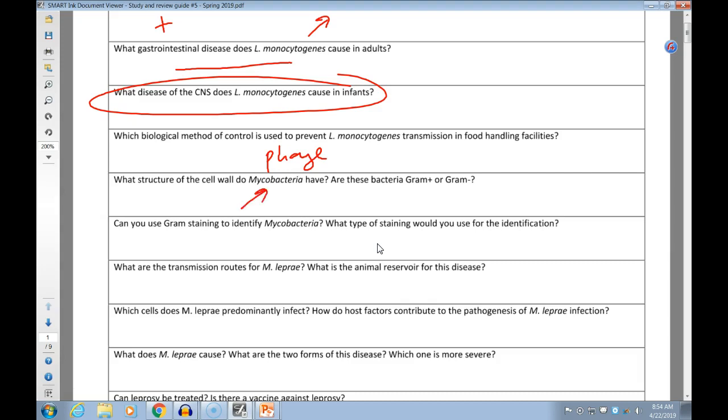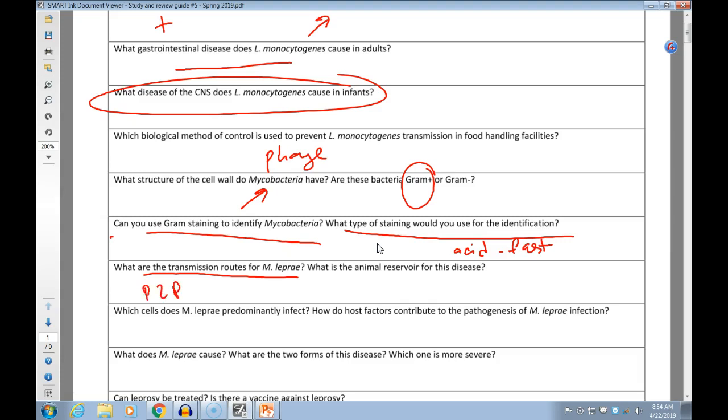So mycobacteria are technically gram-positive, but they have mycolic acid on the outside. Remember that. Can you use gram staining to identify? No. You would use acid-fast staining. Transmission routes for Mycobacterium leprae: respiratory or contact from person to person. You can also acquire it by contact from armadillos.